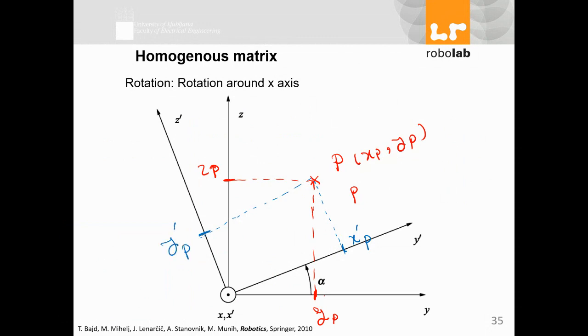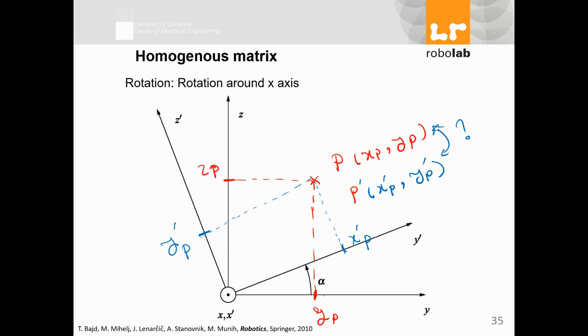Can you find any relationship between this new point called x prime p and y? What is the relationship between these two? Well, it's definitely related to alpha.